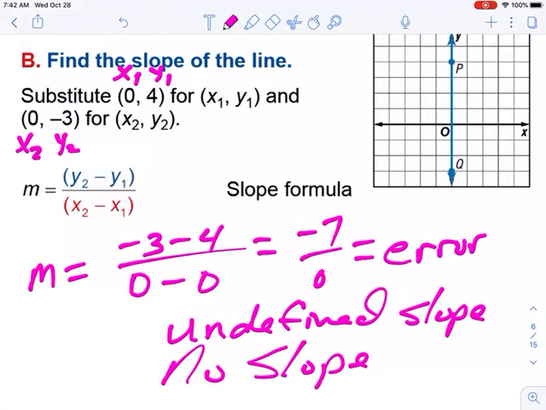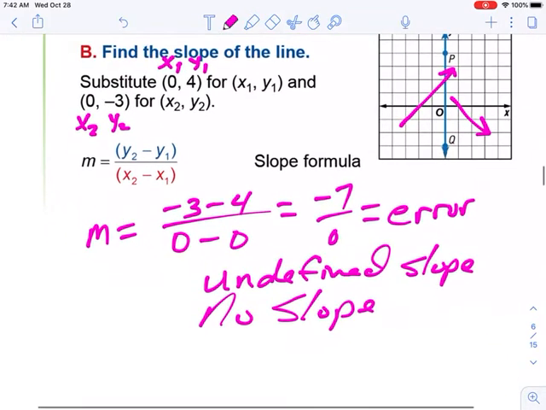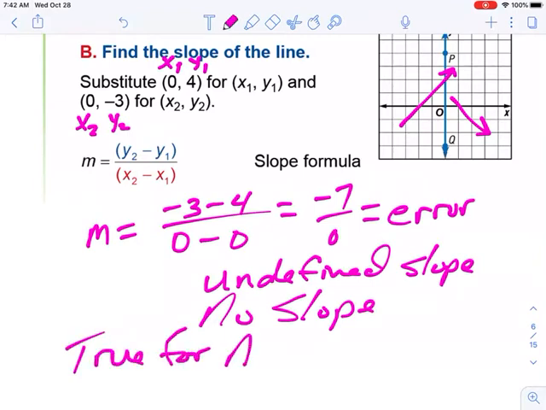It just goes straight up. Slope has to have a run to it. It has to have some sort of direction, either up or down, in order to have a slope. This vertical line has no slope. And this is true for all vertical lines.